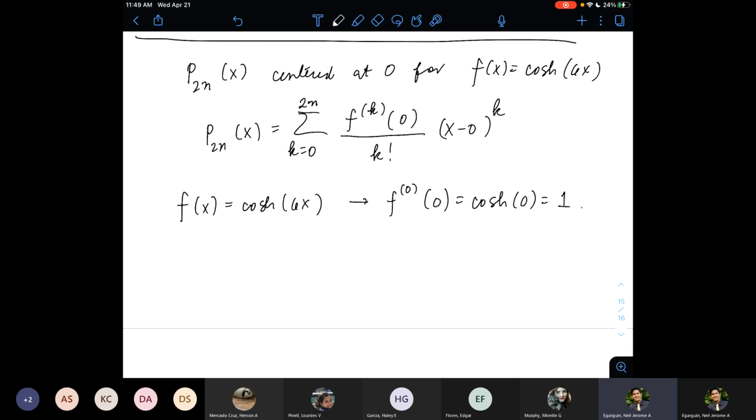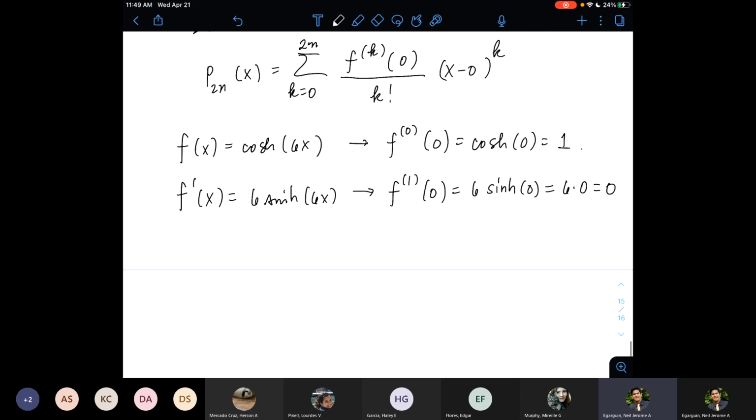And then we'll take a look at the pattern. What happens for the first derivative? The first derivative would be 6 hyperbolic sine of 6x. So that means f upper 1 evaluated at 0 will be 6 times sinh of 0. But sinh of 0 is equal to 0. So this will be 6 times 0, which is 0, right?